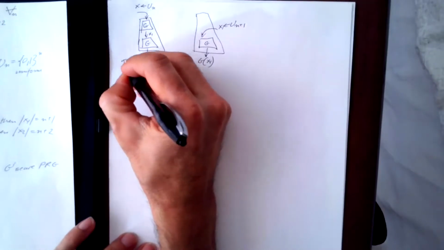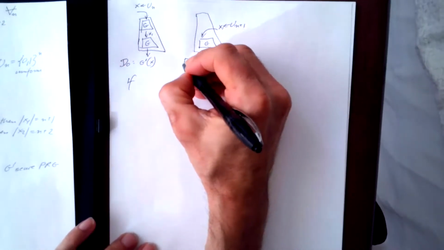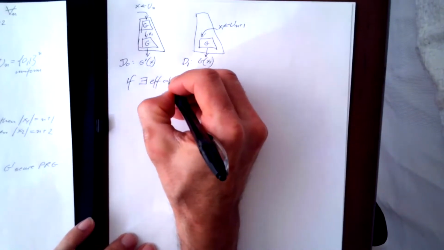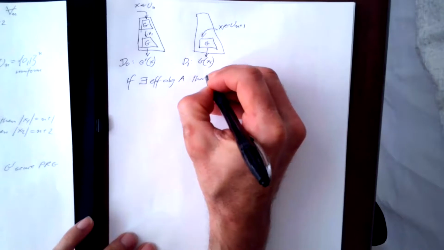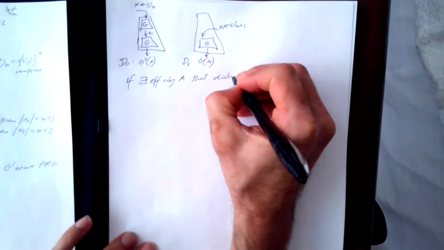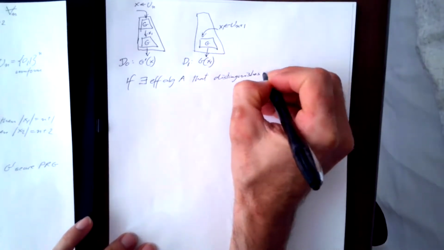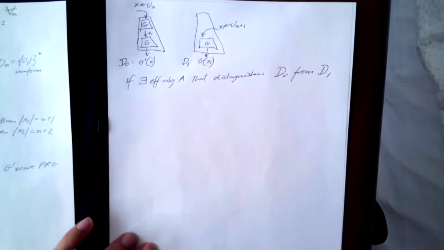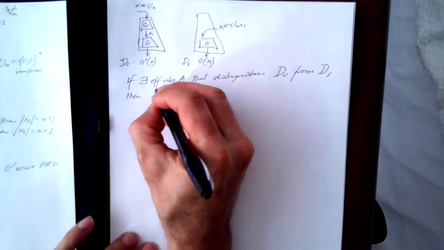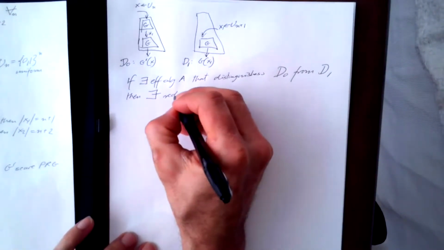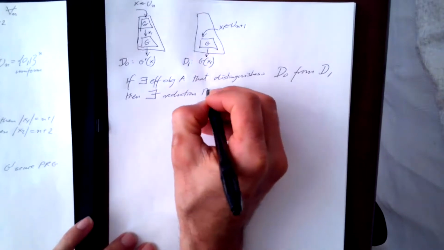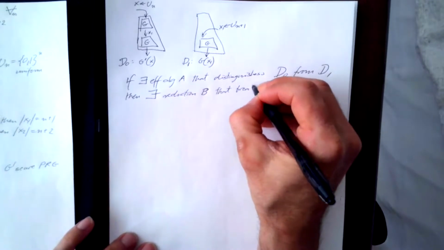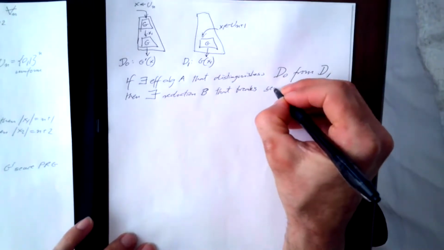Let's call this distribution D0 and this distribution D1. If there exists an efficient algorithm A that distinguishes D0 from D1, then there exists a reduction B that breaks the security of the PRG.